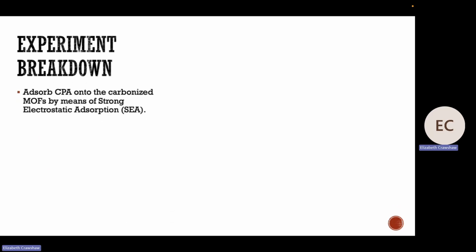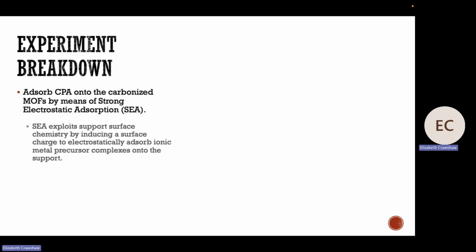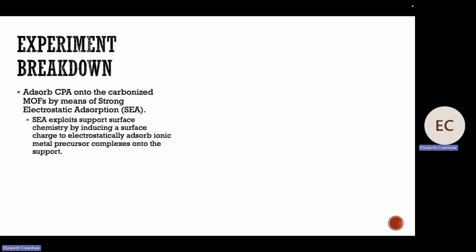So a breakdown of the experiment is we wanted to adsorb CPA onto the carbonized MOFs by means of strong electrostatic adsorption, or SEA. SEA exploits surface chemistry by inducing a surface charge to electrostatically adsorb ionic metal precursor complexes onto the support. This is done by exploiting what's called the point of zero charge, which is where your positives and negatives even out.